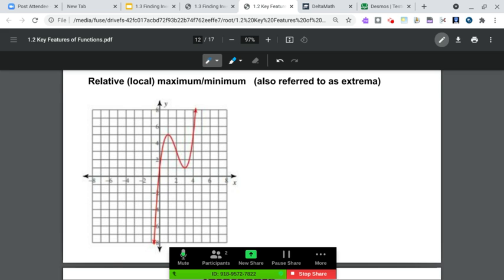Okay. Next is the idea of relative or local maximum or minimum.